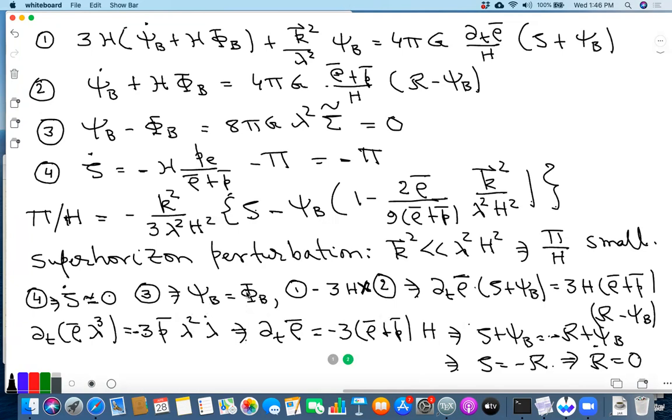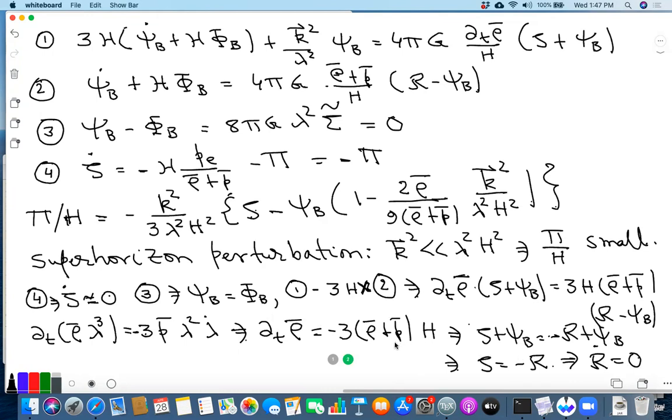We have to find psi b and phi b in terms of r. And because r dot is 0, r at the last scattering surface will be the same as the r at horizon exit. So that's how we relate everything to the value of r at horizon exit, and the fluctuation of that you have calculated already by studying quantum fluctuations during inflation.